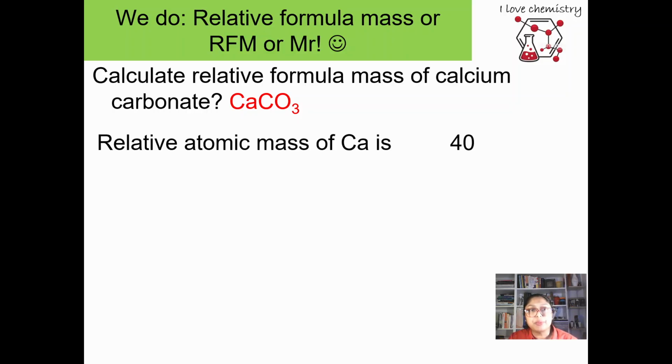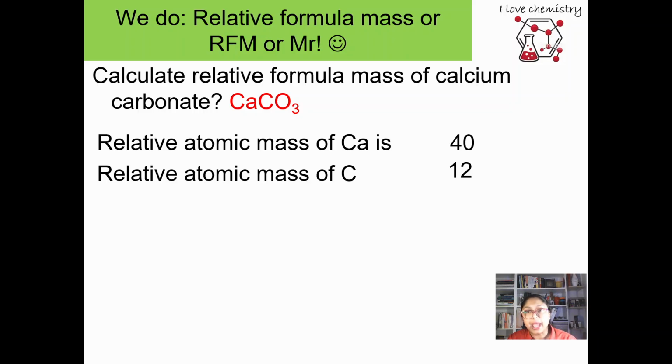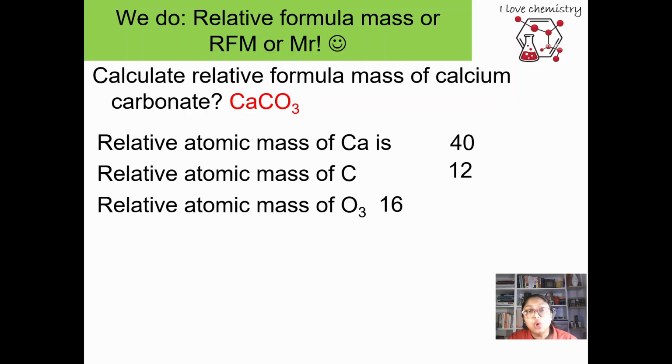We found out from the periodic table. Next, carbon is 12 and oxygen is 16. Now, we have got 3 oxygens, so we are going to multiply 16 by 3, so we got 48. Then add all those up, that's it.